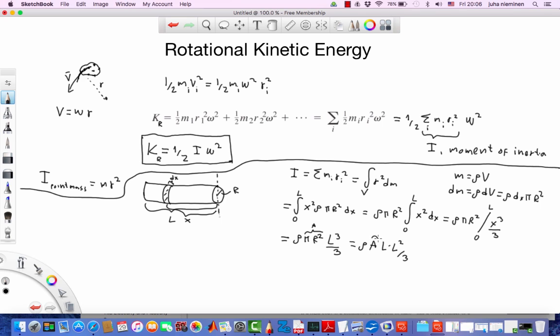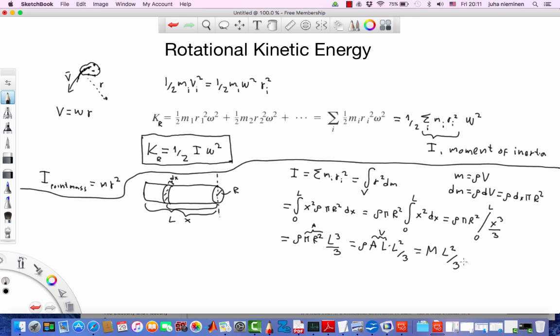Then we have volume here, and rho times volume is mass. So we have the mass of the whole object times L squared over 3. And that is in fact the moment of inertia of this rod about the axis that goes through one of the ends.